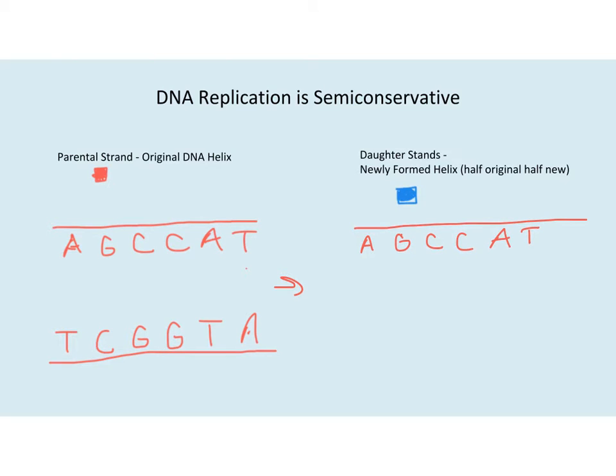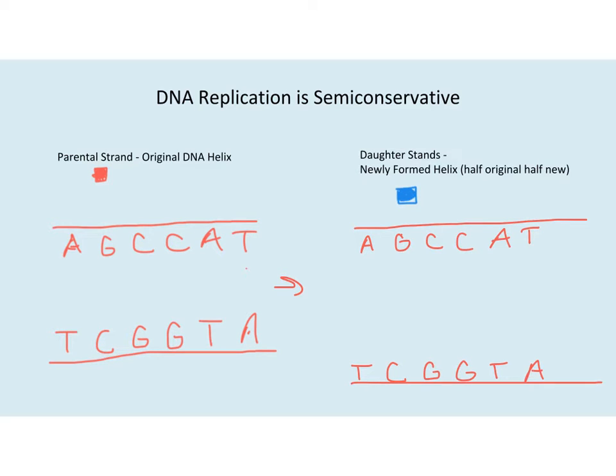Again, this was my original strand, or my parental strand, that's why I have it colored in red. And then my bottom piece here is going to be T, C, G, G, T, A. So what has happened is we basically opened up the DNA.